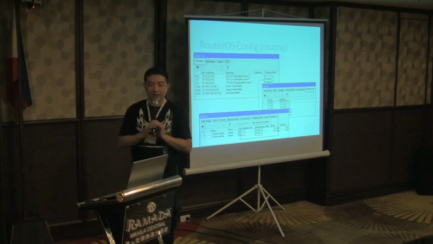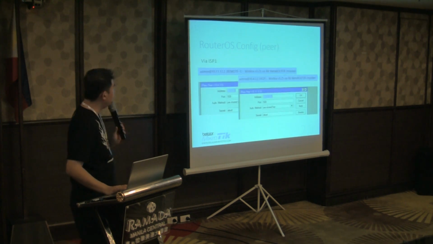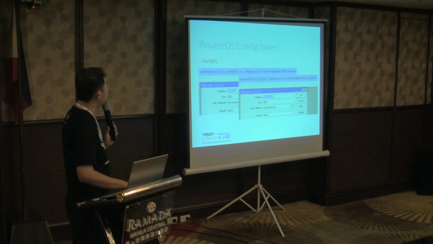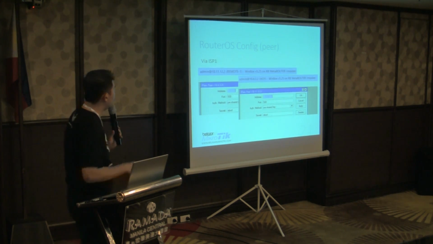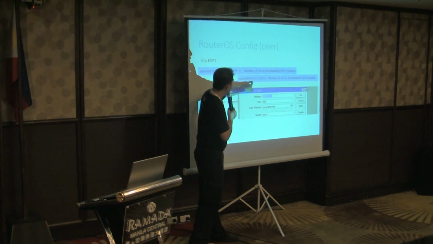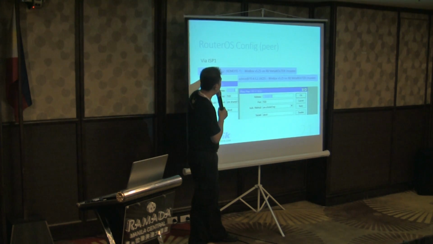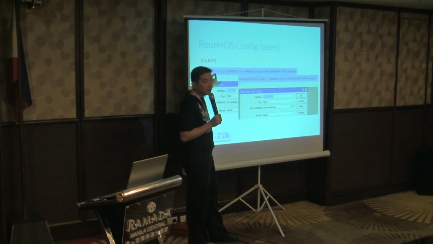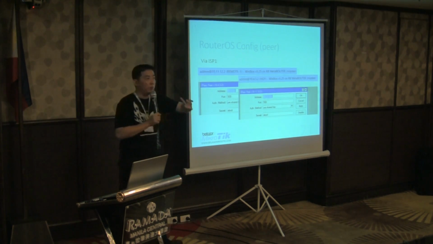It's set. And then this is the peer configuration, the IP security peer. So we exchange the IP. I want to connect to this IP, and this one connects to this IP. That's all. If you need to set up IP security, all you need to do is swap the IP.